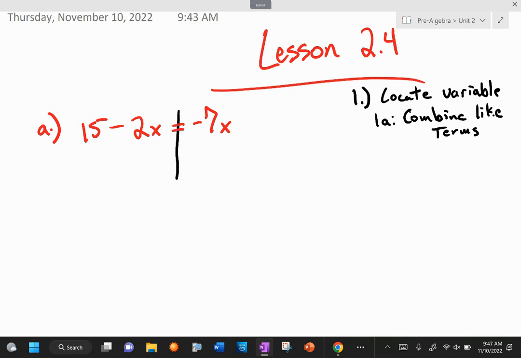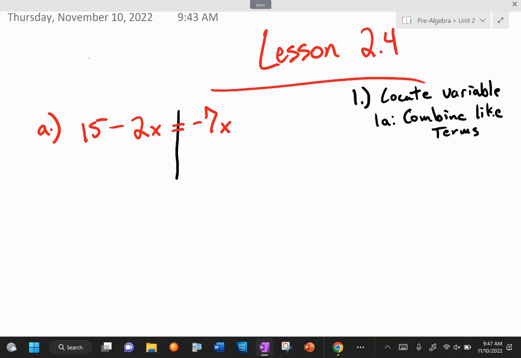Now, my suggestion is to really look at these problems and think ahead. By thinking ahead, I mean which way could I move the variable that will leave me the least amount of work to do.